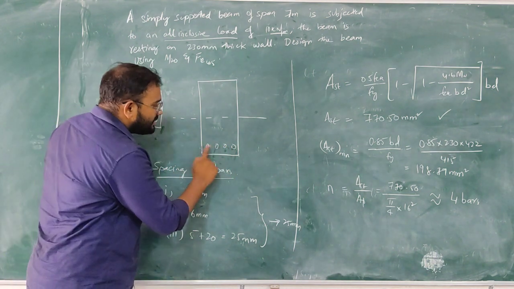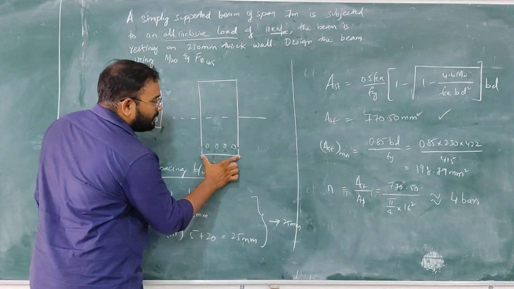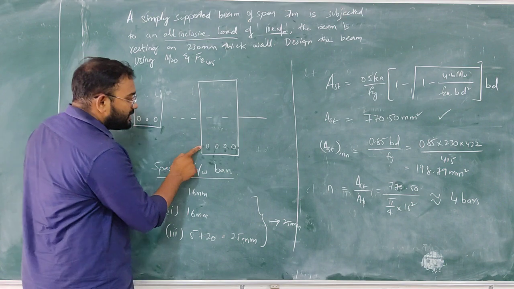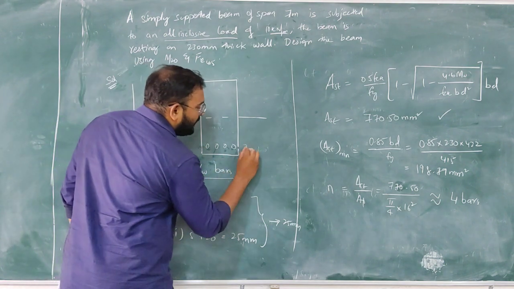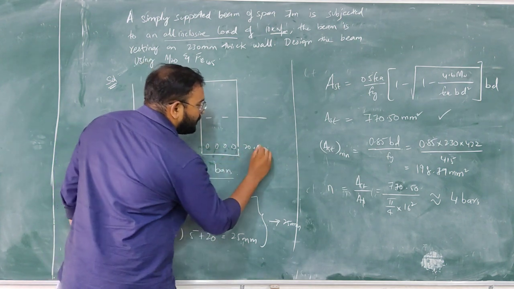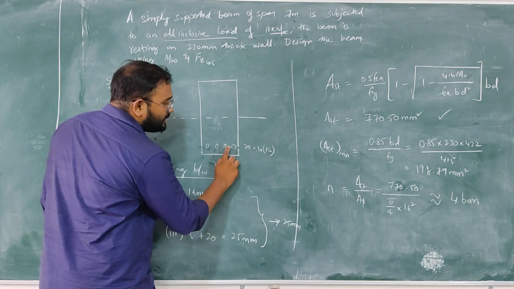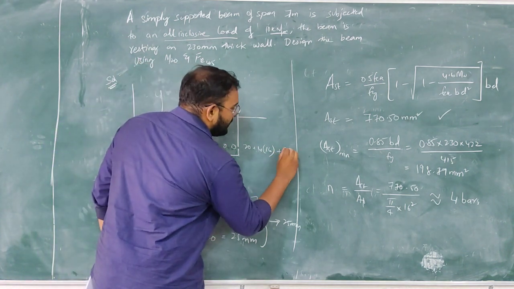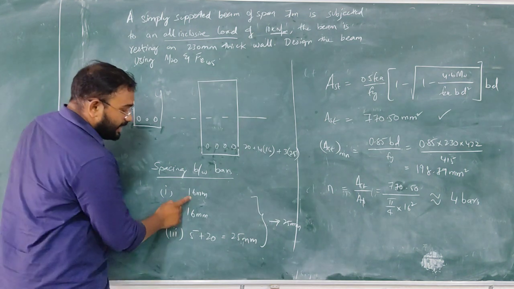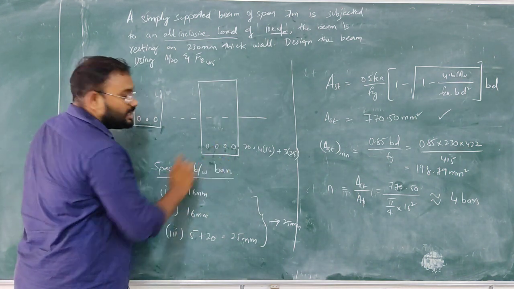Let the cover be 20 mm. Now we'll calculate whether this width is sufficient or not. Starting from this point, you leave a cover of 20, then you have 4 bars, 4 into 16, and you have 3 spaces, 3 into 25, which is the greatest of the three values and is the spacing between the bars.